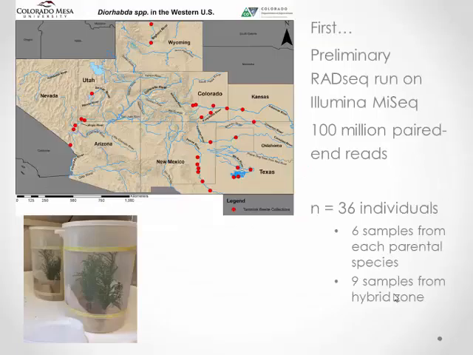In this first preliminary RAD-seq run, we are sampling 36 individuals. 6 samples are from within these parental species, illustrated by lab culture buckets. We also collected some samples from Greece for this particular study, and then 9 samples from within the hybrid zone.